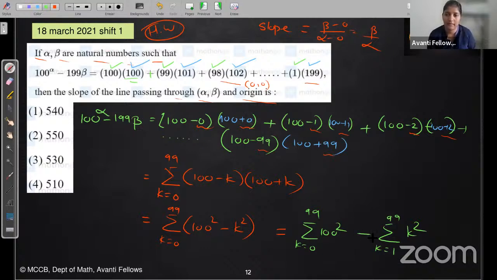So it is minus. See, observe here. Here I wrote 0 to 99, but here I am writing 1 to 99. Why? Why am I writing like this? So let me take this to the next page.